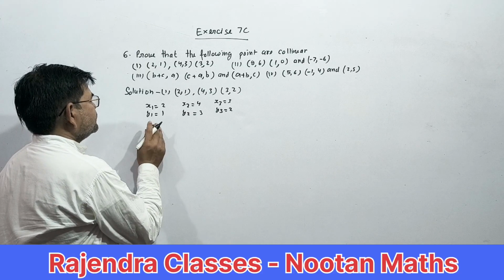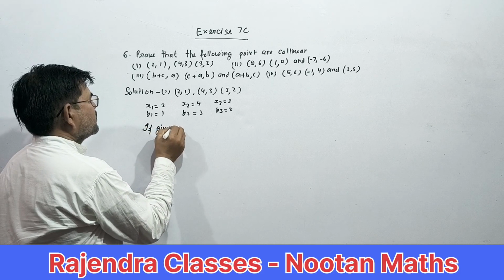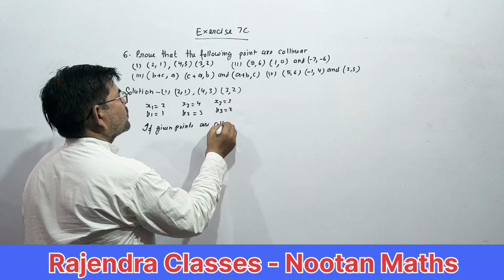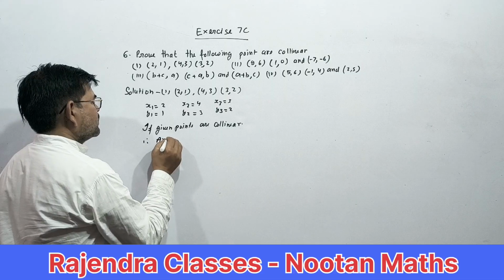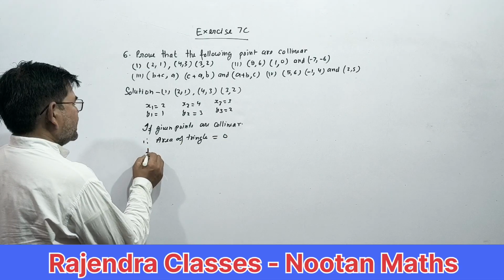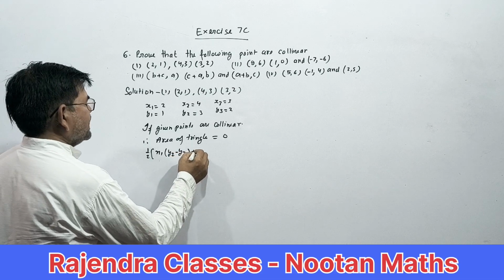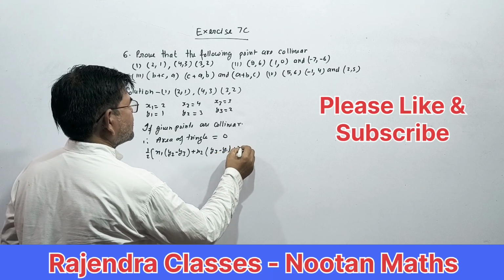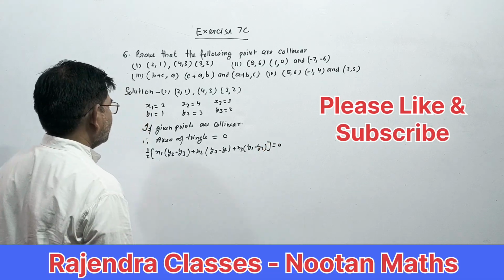Area of triangle, if given points are collinear, so the area of triangle is equal to 1/2 x1 (y2 minus y3) plus x2 (y3 minus y1) plus x3 (y1 minus y2) equal to 0.